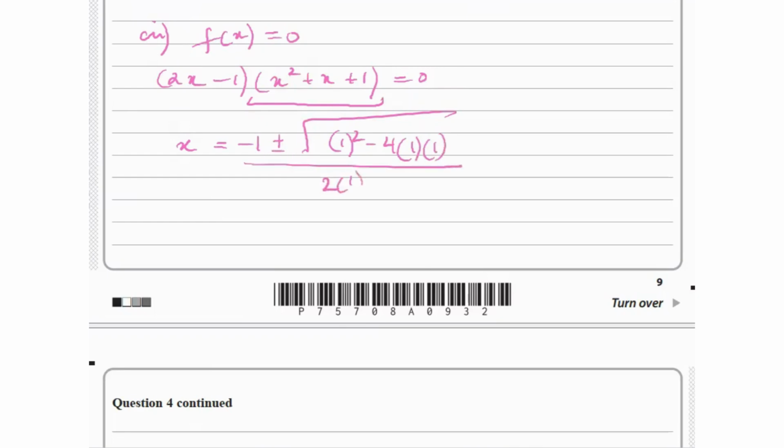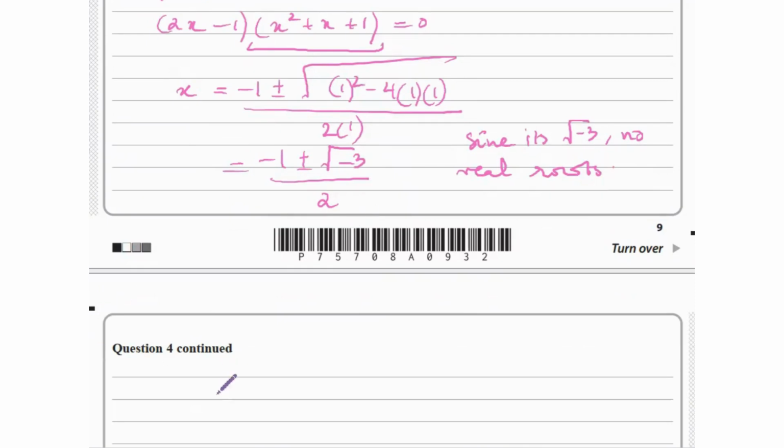We can clearly see that it's going to be -3 inside the root. And we know root of a negative number is not possible because it's going to be an imaginary root over here, not a real root. So since it's root of -3, no real roots. That's the reason. If it was positive root, there would be real roots. Hence, the only real root is x equals to 1 over 2. That's your answer.